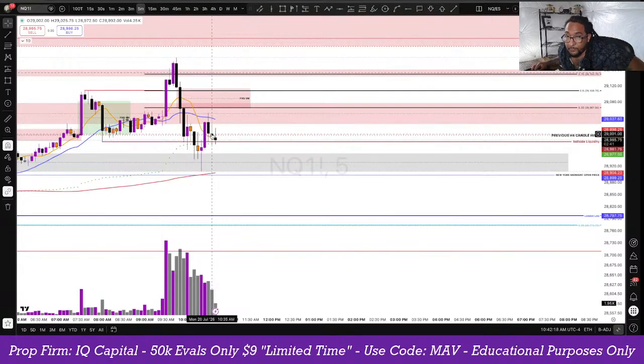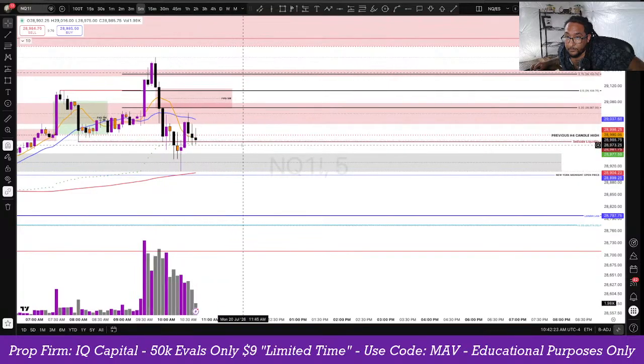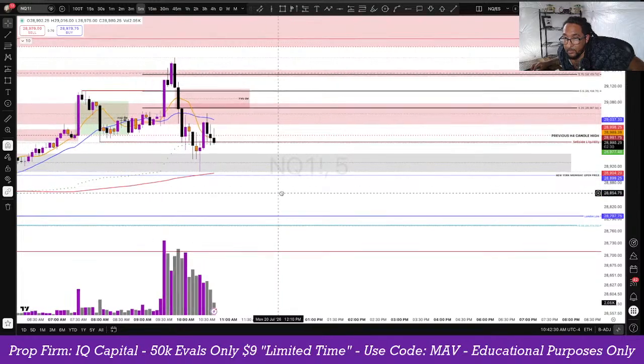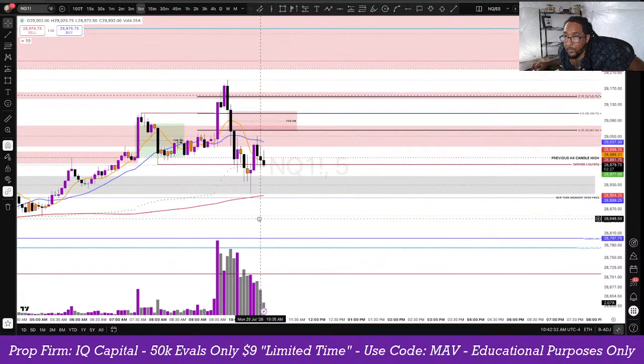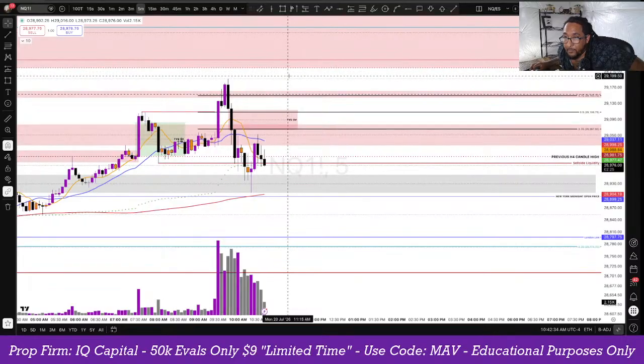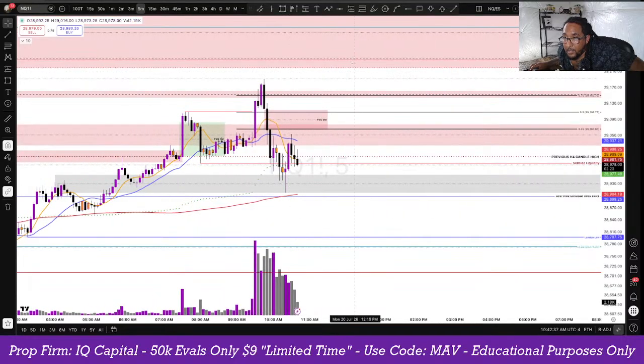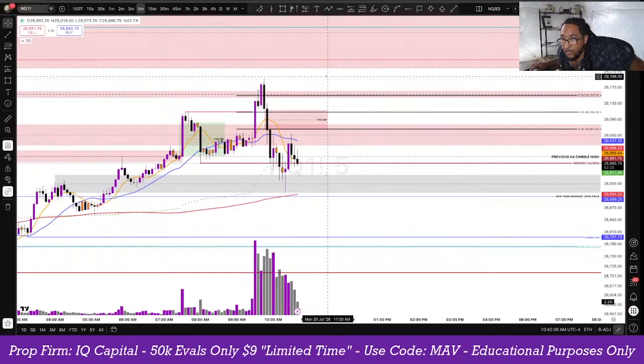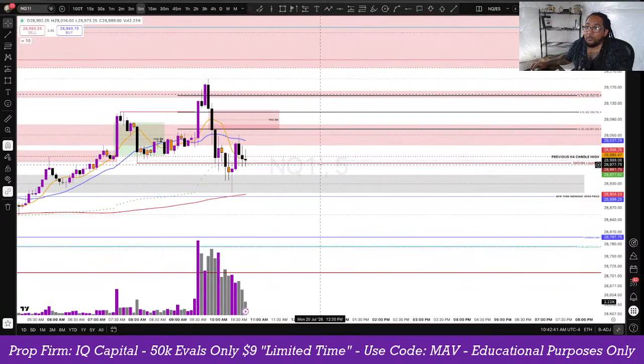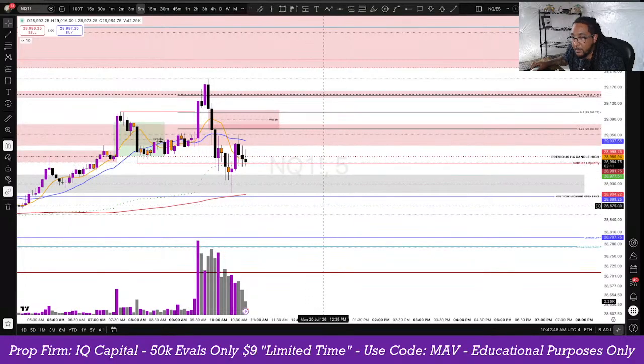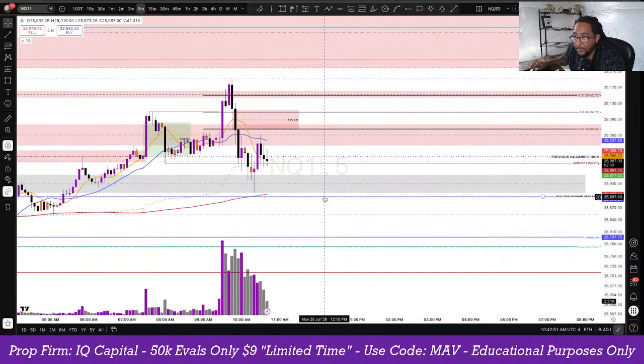So it's looking like right now we are setting up for the market to hit our daily draw on liquidity during the PM session before sweeping these lows here.